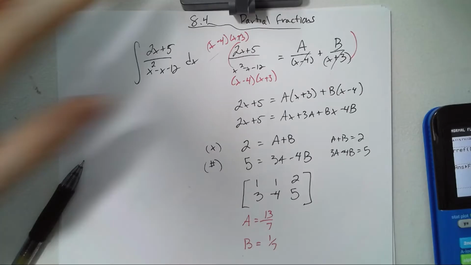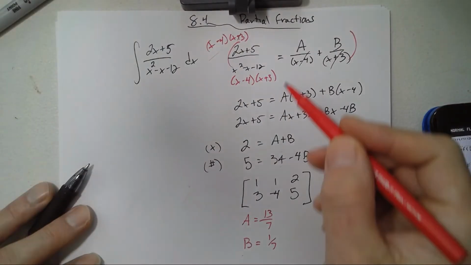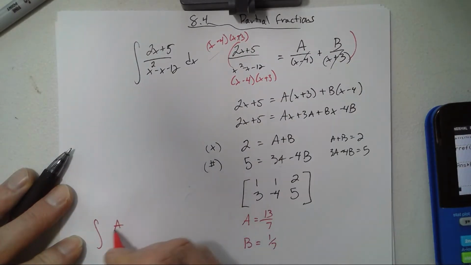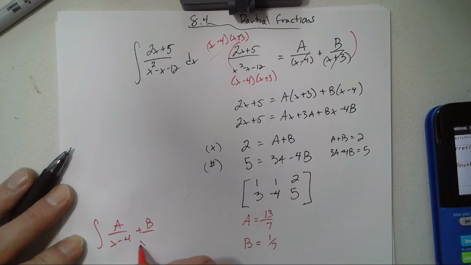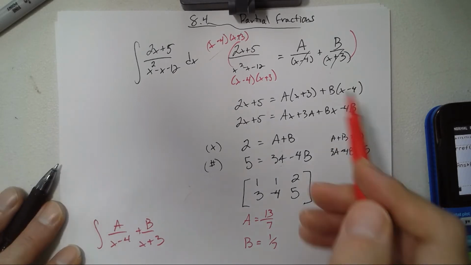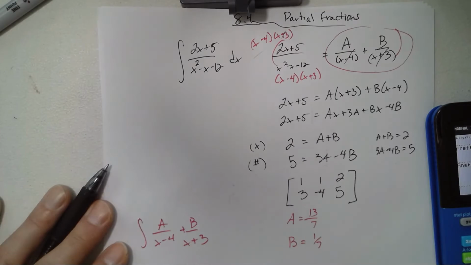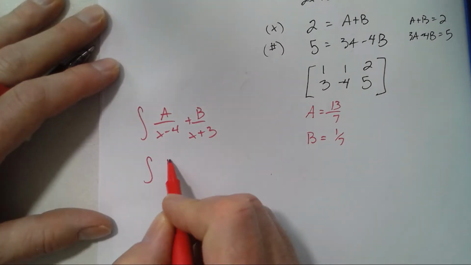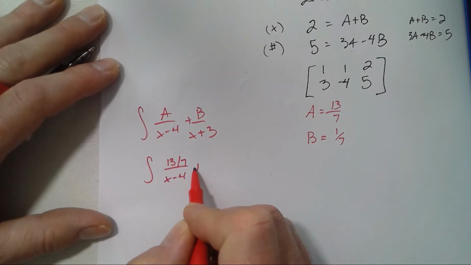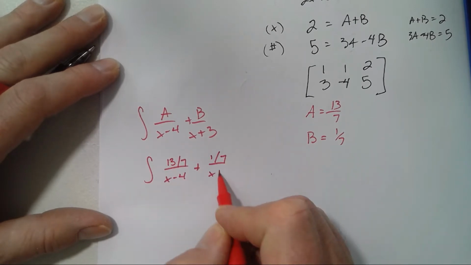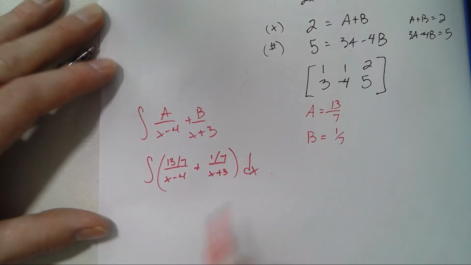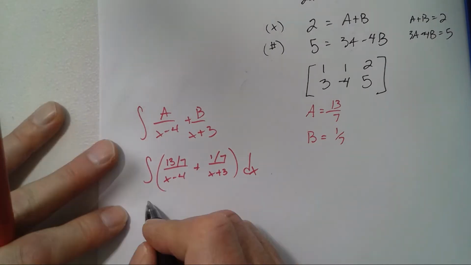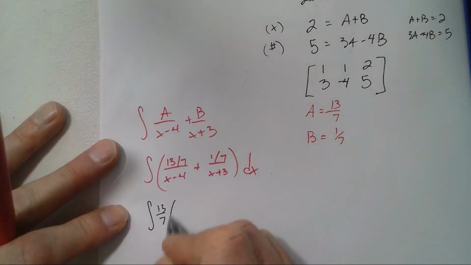So our integral, that's our A and B, so our new integral is going to be, we're going to rewrite it with our new A and B. So it's going to be the integral of 13/7, 1/7, so this 13/7, so I'm going to do integral of 13/7 times 1 over x minus 4.